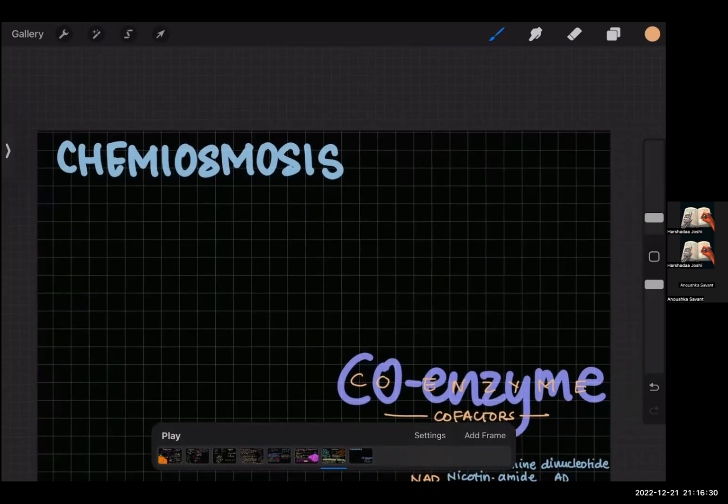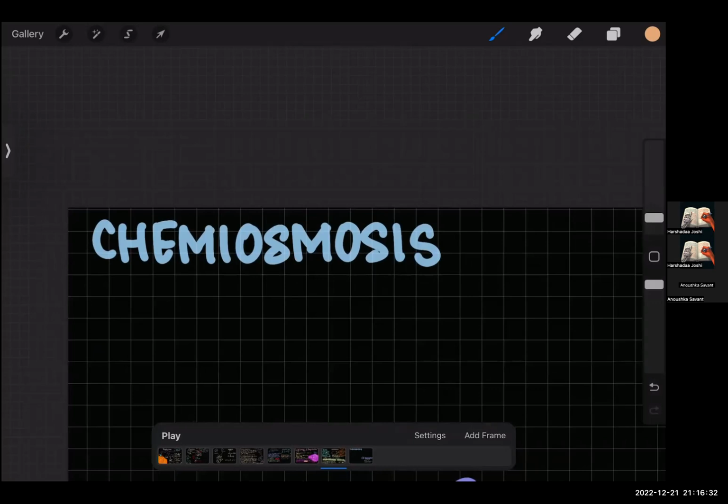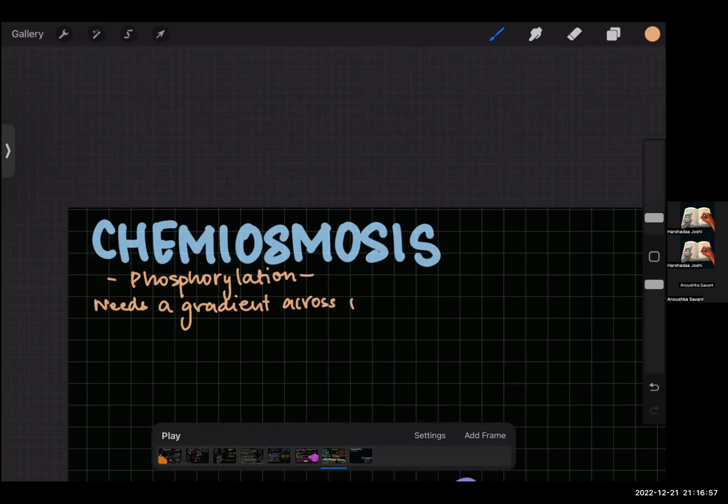So first thing is, the chemiosmosis is going to occur with phosphorylation. Okay, I'm going to say it needs a gradient across a membrane.